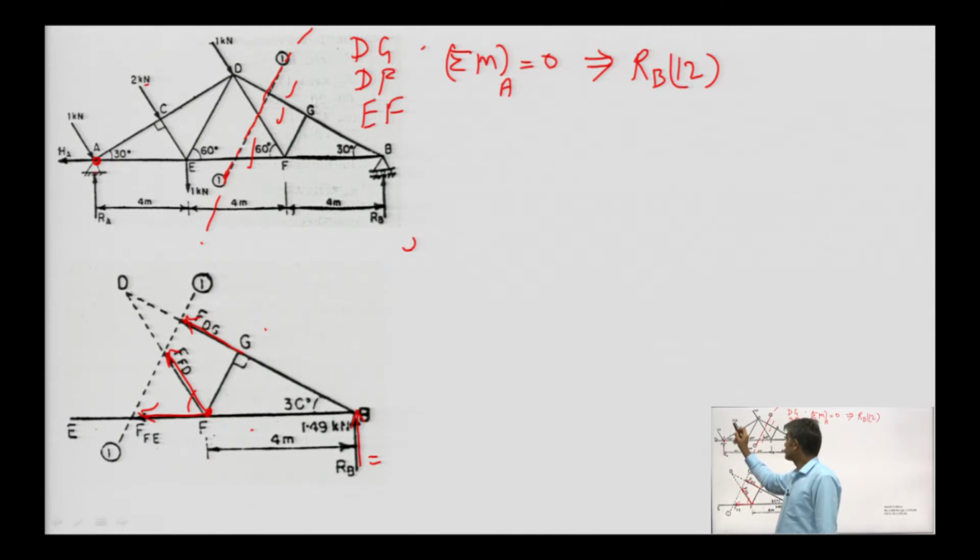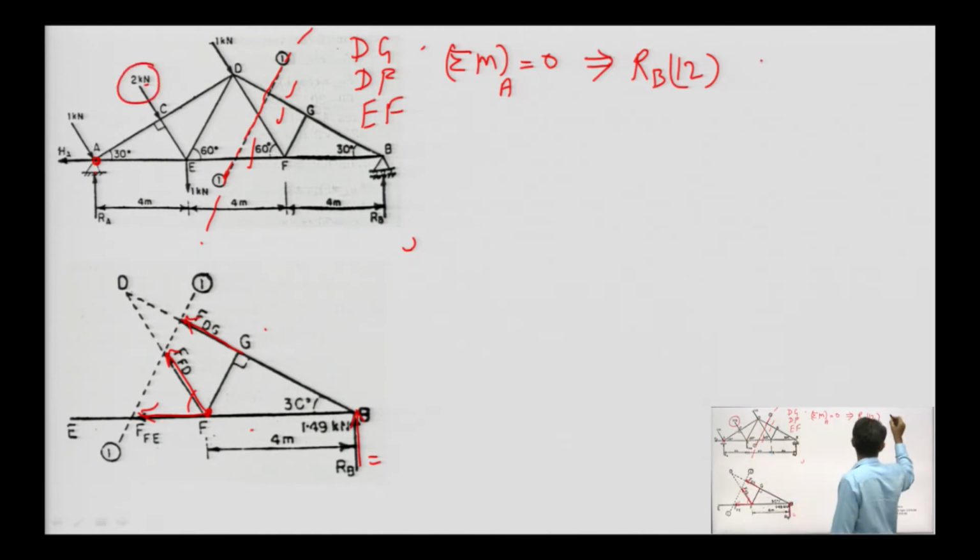Another force is 2 kilonewton, so 2 multiplied by the perpendicular distance. What will be the perpendicular distance? Because this angle is 90 degree, the perpendicular distance is this one, so you need to calculate this value.